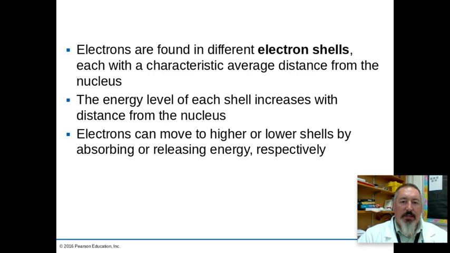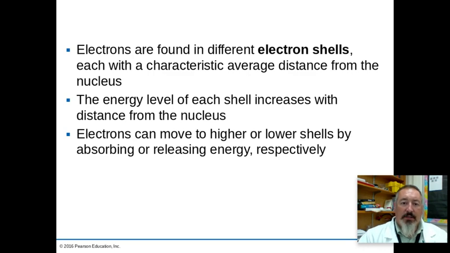If you look at an atom and you're looking at the different rings, the valence rings, you're going to find that the first ring is going to contain a max of 2 electrons. The next outer shell has a max of 8 electrons. This is something that you've probably covered before in Chemistry 1.